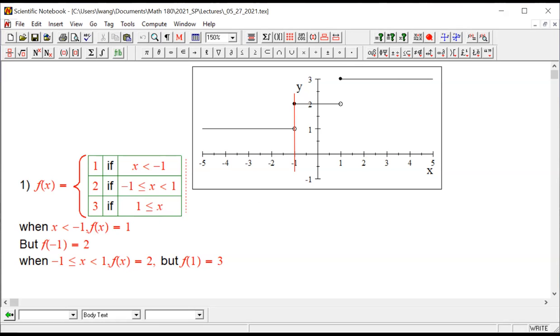Similar to what we did. As the input is equal to positive 1, if you draw a vertical line, your output is on the dot, not on the circle. So these are the details I wish you to pay attention to.